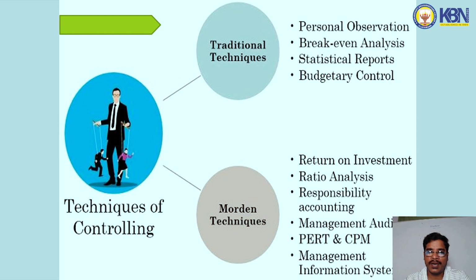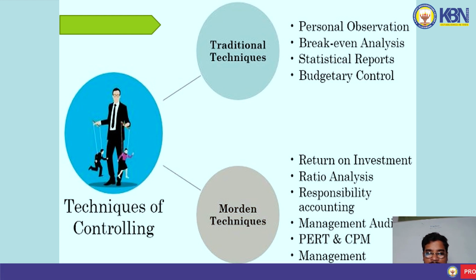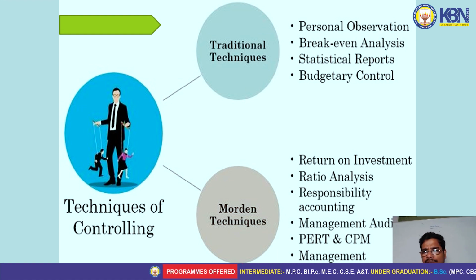And under modern techniques, we have return on investment, ratio analysis, responsibility accounting, management audit, program evaluation and review technique, critical path method, and management information system. These are the techniques available to control the organizational scenario. Let us go through them one by one, very briefly.